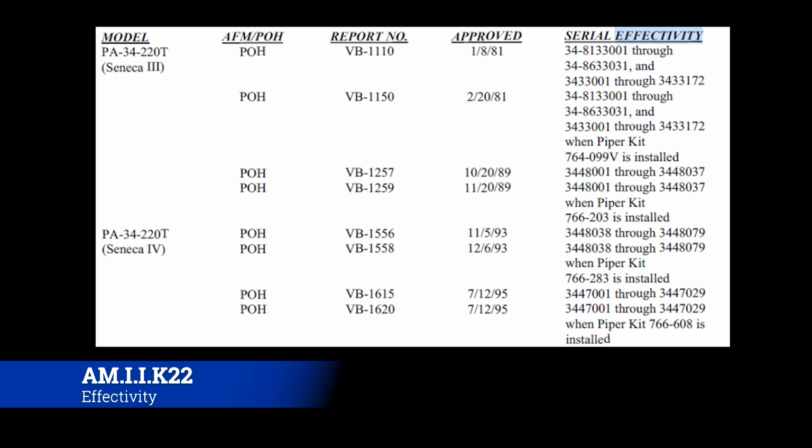All of this changes little attributes of the plane all the way through. So anytime you're trying to replace something, you want to judge whether the part you're replacing is effective for the serial number or line number of the plane you're working on.